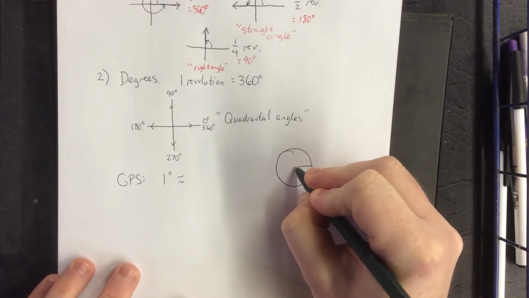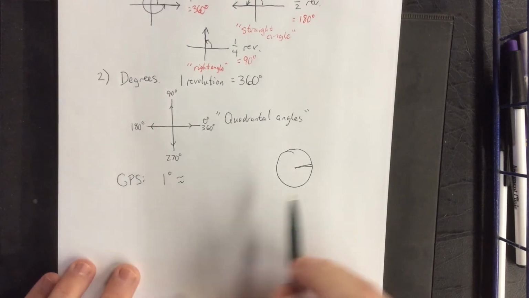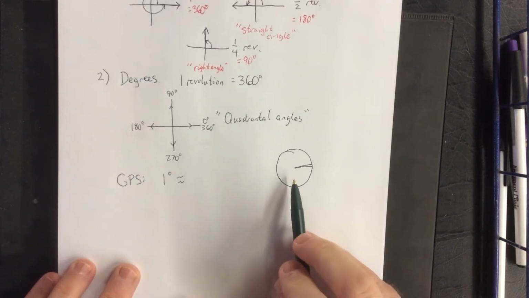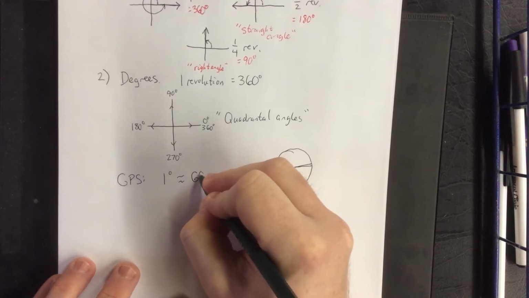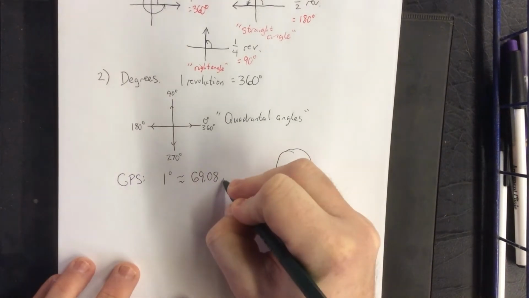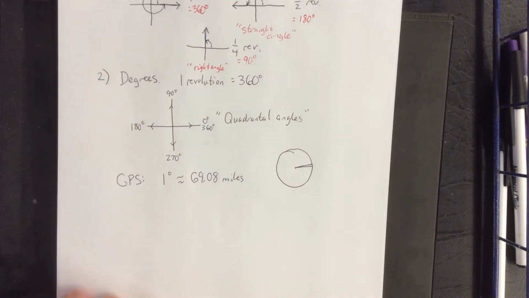Oh, that's a pretty good Earth. Imagine that you can only get accurate on your global positioning system, accurate to 1 degree based off of the central angle that you get from the middle of the Earth. In that case, your accuracy is only within 69.08 miles of your actual position. Can you imagine a GPS system that is only accurate to the nearest degree?